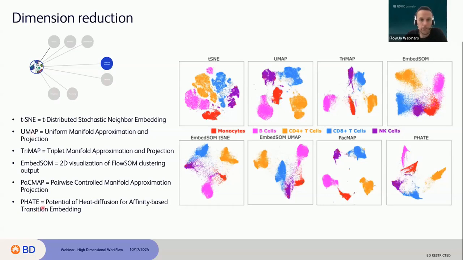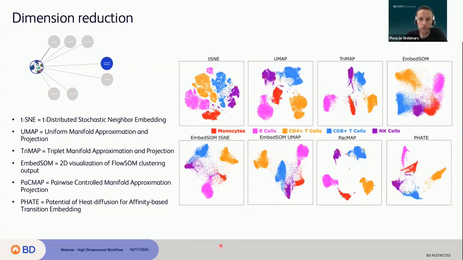Those 6 different dimensional reduction tools allow you to create 8 different visualizations, which are t-SNE, UMAP, TriMAP, and EmbedSOM. But EmbedSOM can do an EmbedSOM t-SNE and an EmbedSOM UMAP, and of course PaCMAP and FATE. And if you look, we overlay the manual gating, and you can see that each different population will produce a nice island where the cells that are similar to each other are really grouped together.